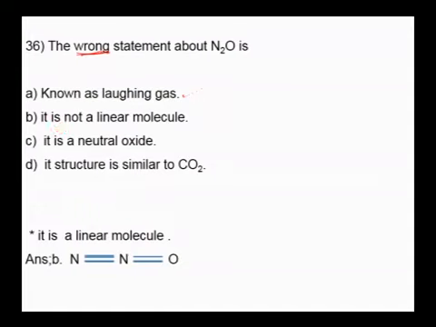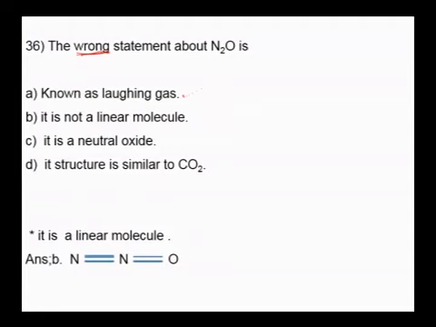The second one says it is not a linear molecule. Nitrous oxide is a linear molecule, meaning all the atoms are present in a straight line. The third one says it is a neutral oxide. Nitrous oxide is neutral, neither acidic nor basic.